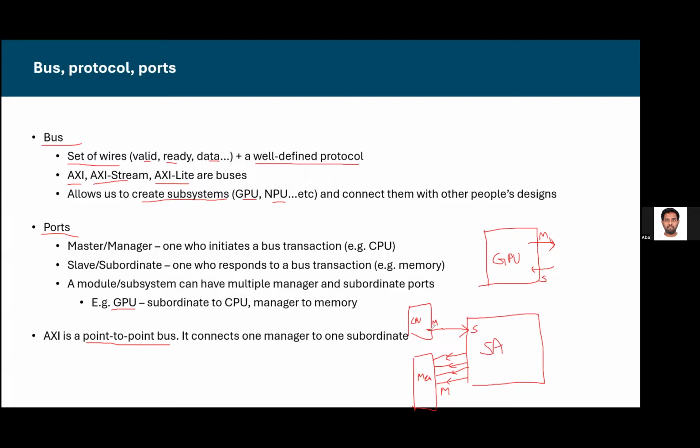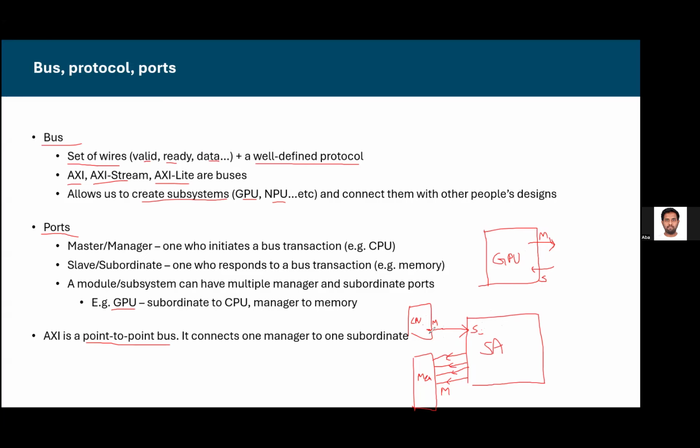Some of the wires will be your write request wires, say AW address and AW valid, which will be driven by the CPU and observed by your systolic array. And the AW ready will be driven by the systolic array and observed by the CPU.